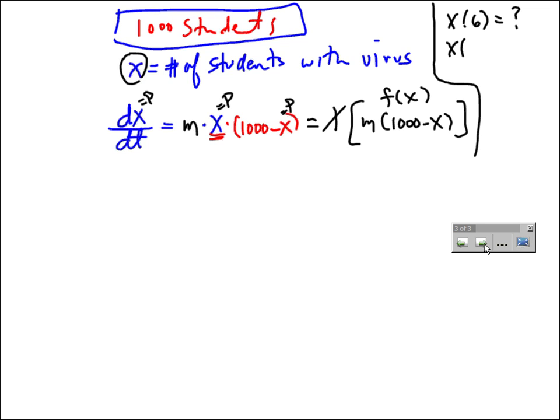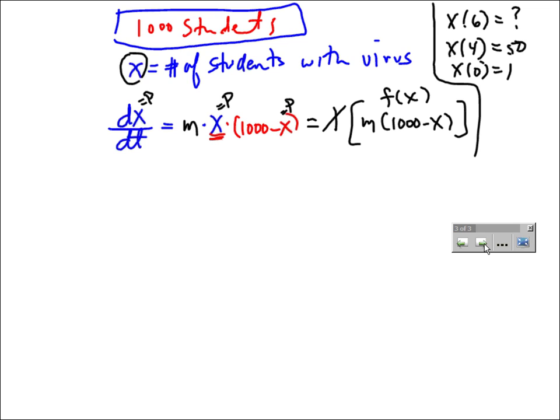The number of students infected after 4 days is 50. And for the record, the number of students infected after 0 days, that is at the start, is 1. So our job is to find out what x of 6 is.